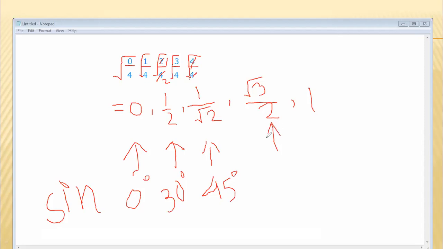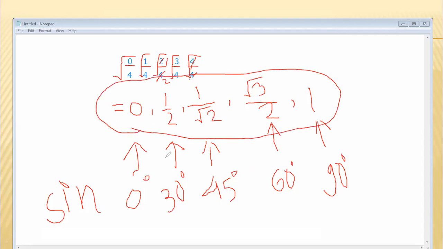This is for sine 60 degree, and the last one is for sine 90 degree. We can find out the values of sine 0 to 90 degree in this way. By taking 0 to 4 and then dividing by 4, and after that taking their square roots, we get the values of sine 0, sine 30, sine 45, sine 60, and sine 90.